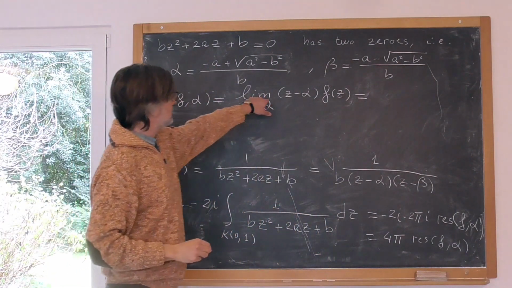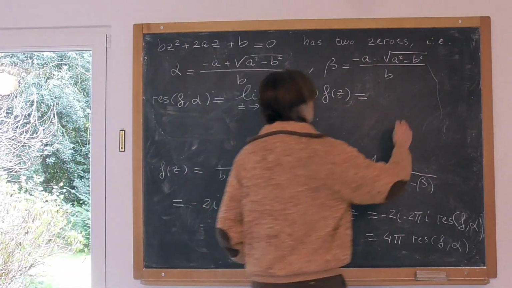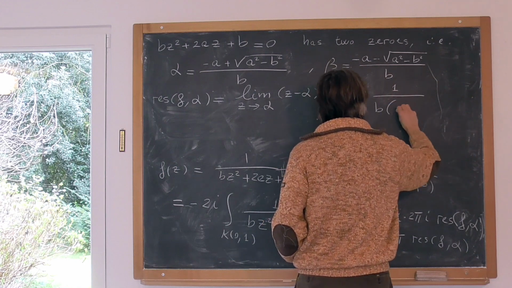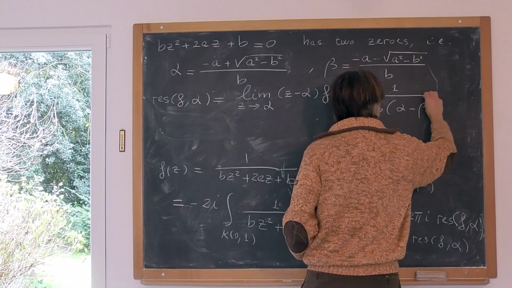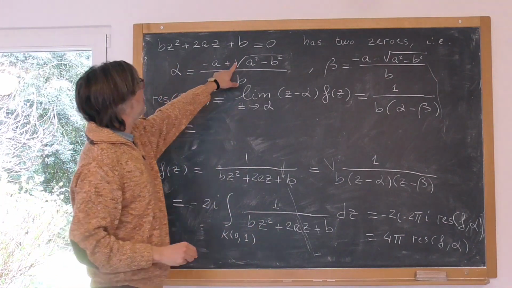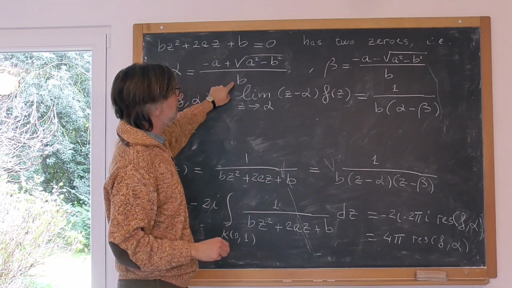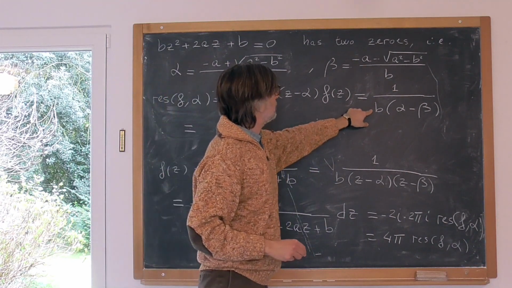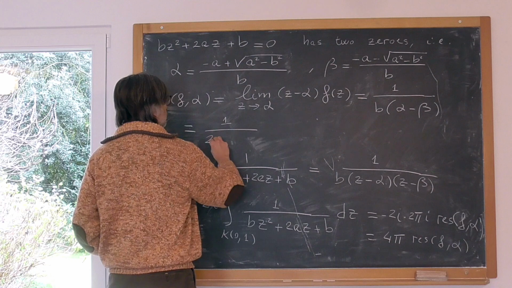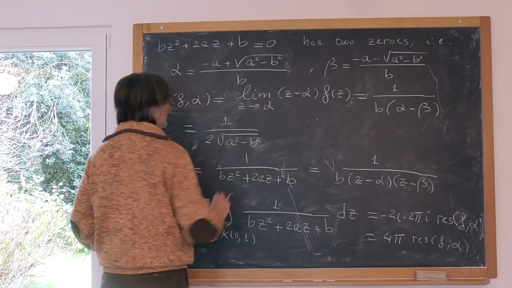And this limit is, z minus alpha cancels this z minus alpha in the denominator, so we have 1 divided by b times alpha minus beta. And alpha minus beta is twice the square root divided by b. Here we're multiplying by b, so this equals 1 divided by twice the square root of a squared minus b squared.